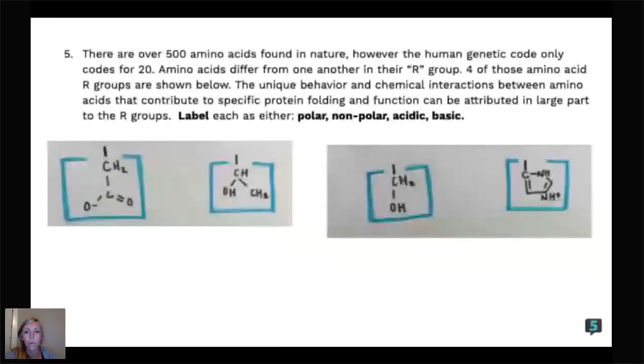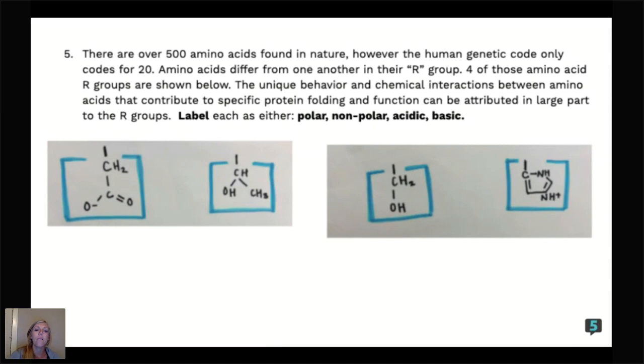So we can organize R groups as polar, nonpolar, acidic, or basic. And when we say polar and nonpolar, that also goes hand in hand with hydrophobic and hydrophilic. You might have had a teacher who focused more on terms like hydrophobic and hydrophilic, but polar and nonpolar are attributed to the same thing.